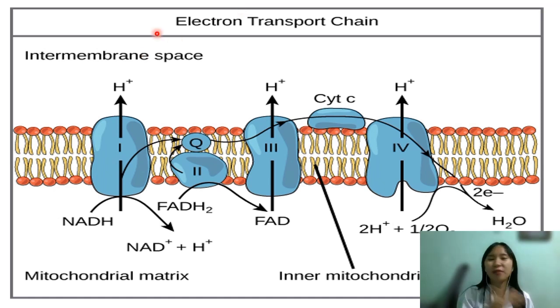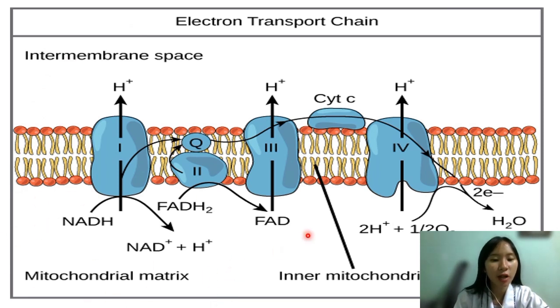This NADH and FADH2 is produced during earlier stages of cellular respiration, which are glycolysis, pyruvate oxidation, and the citric acid cycle. You can see the intermembrane space at the top and the mitochondrial matrix.